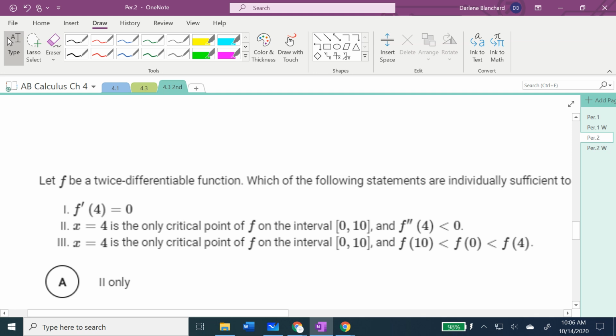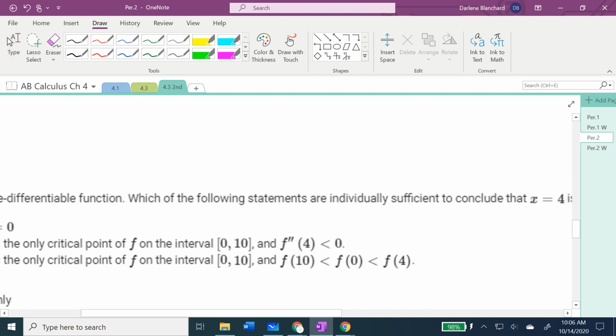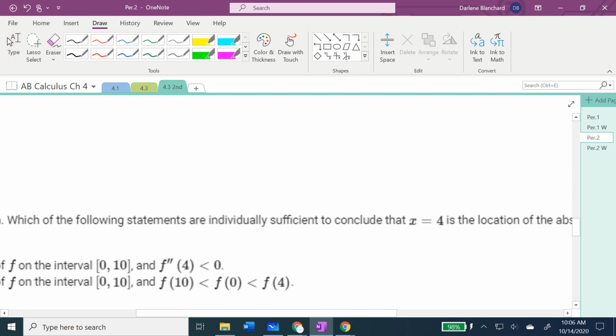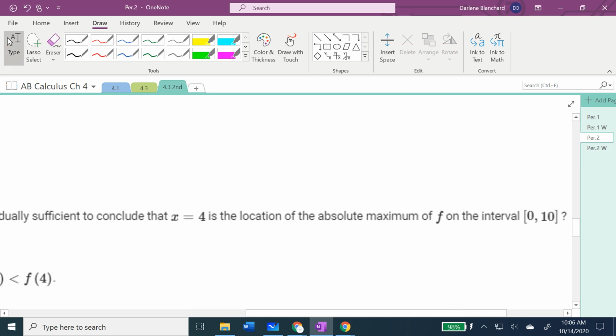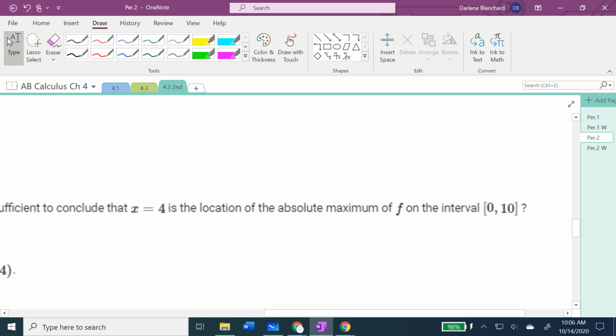So continuity all over the place. It wants to know which of the following statements are individually sufficient to conclude that x equals 4 is the location of the absolute maximum of f on the interval 0 to 10.